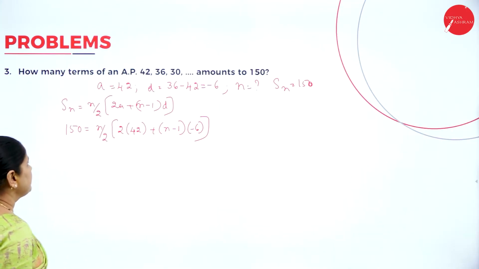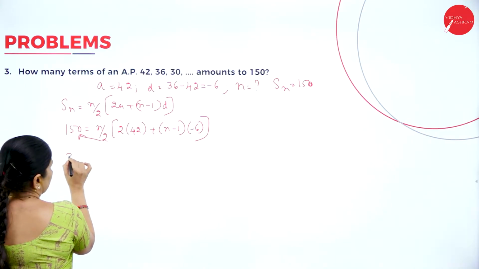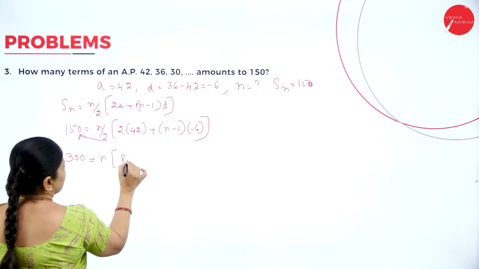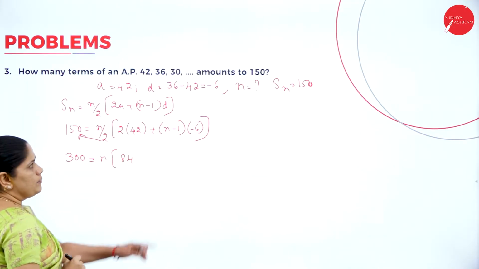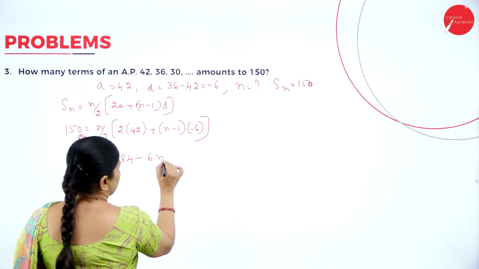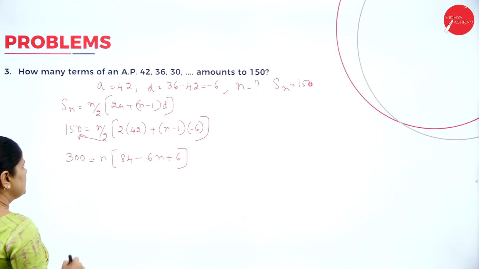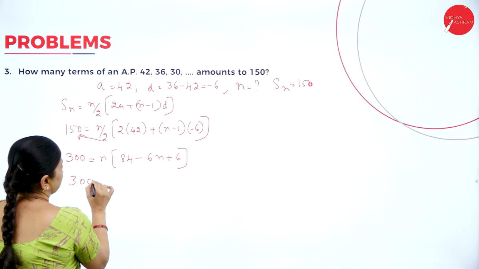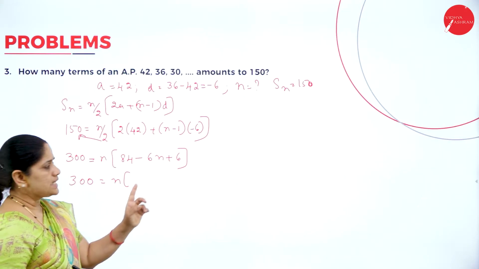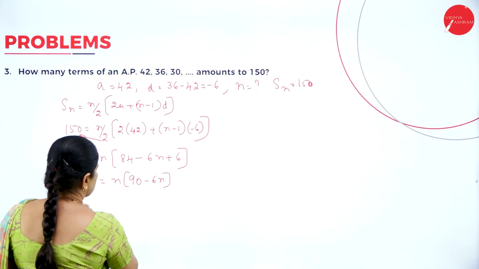Sn equals 150 equals n by 2 into 2 into 42 plus n minus 1 into minus 6. Okay, so we'll simplify this. So I'll just cross multiply. So 150 into 2 is 300 equals n into 84 minus 6 into n minus 6n, minus into minus plus 6. So 300 will be equal to n into 84 plus 6 is 90, 90 minus 6n.